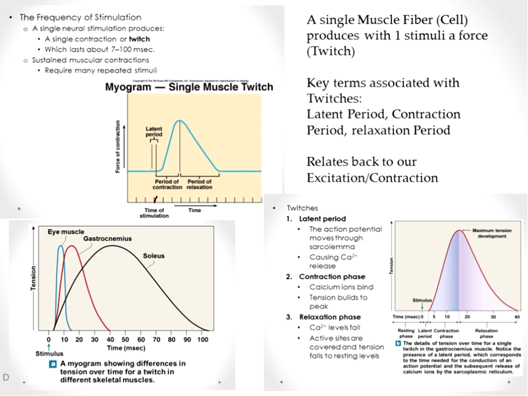One of the things about the latent period in this myograph experiment is that it is always the same. If I put a muscle from my arm, a muscle from my face, or a muscle from my hip bones or my skeleton, my butt, the latent period is the time it takes from me pushing the button to then seeing the muscle start to contract.